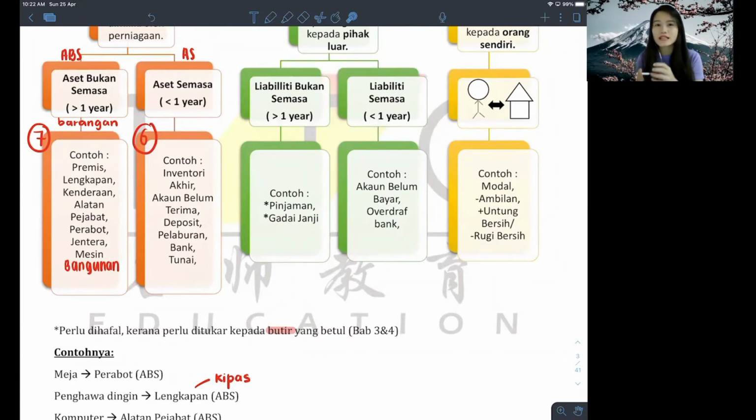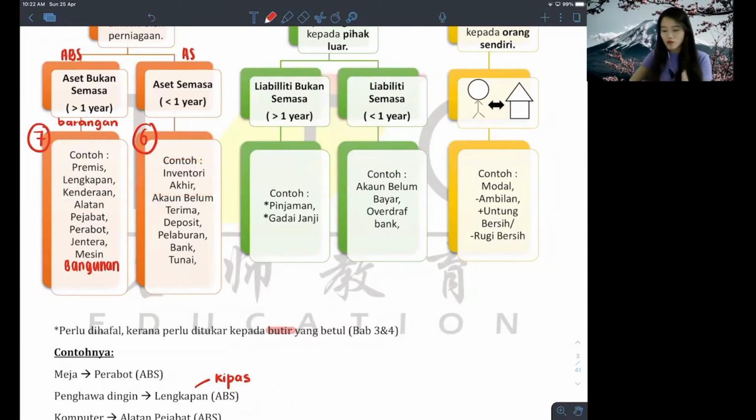The value of it is not constant. Not that I lose it completely, but it will keep increasing and at the same time decrease. So asset semasa keep changing within the year. That's why it's called semasa. All right. So we have everything here in money form, except for one very special thing that is called inventory arcade.